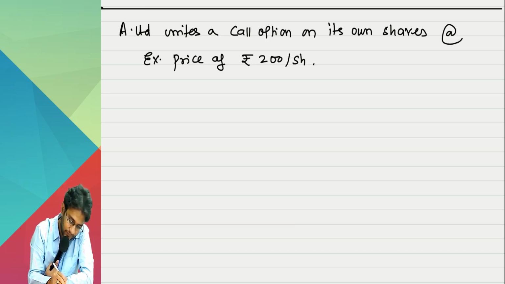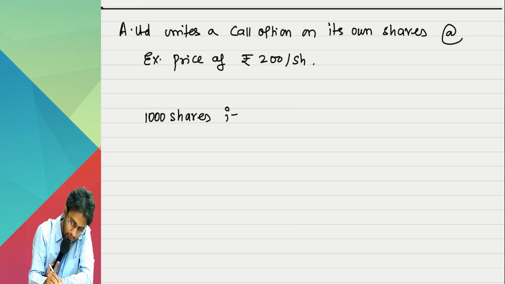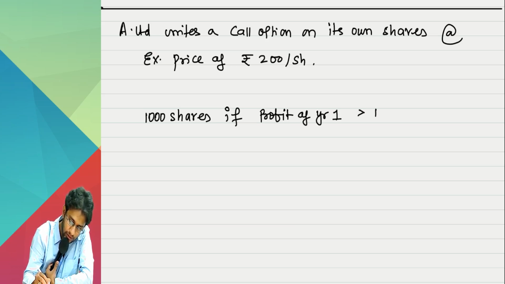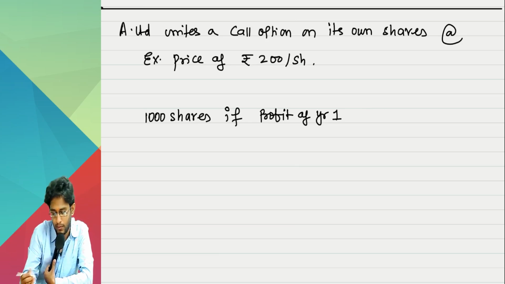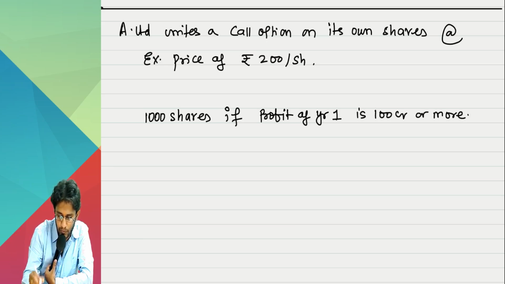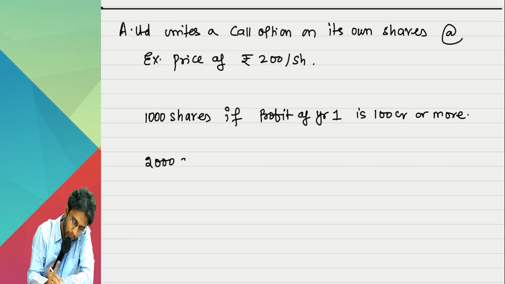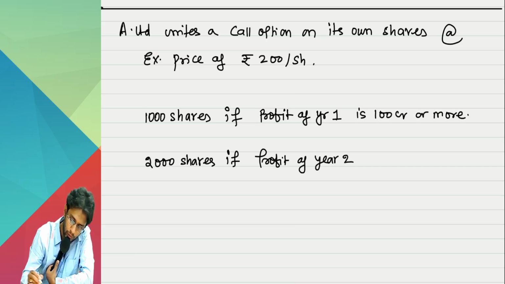What it says is, we will issue 1000 shares if profit of year 1 is 100 crores or more, or I will issue 2000 shares if profit of year 2 is 200 crores or more.